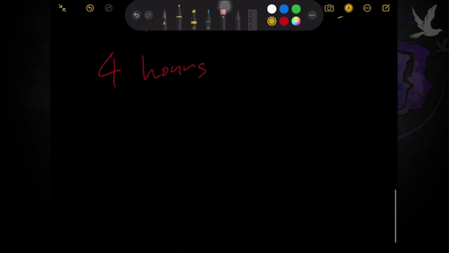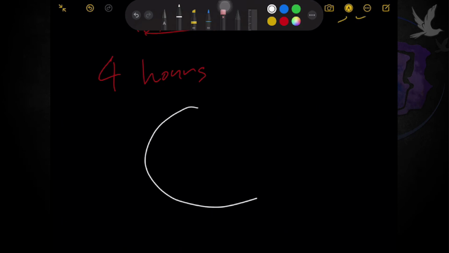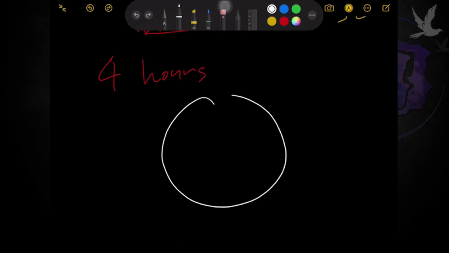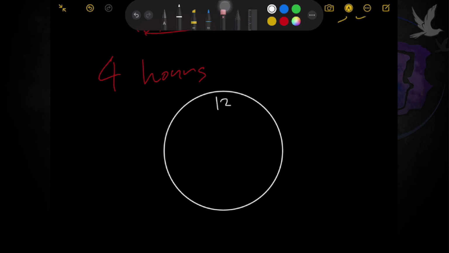So if for example, sa relo natin, if you have a clock with you, so knowing this is 12, 6, 3, 9, 1, 2, 3, 4, 5, may 3 na nga, 3, 4, 5 pa ulit. 4, 5, 6, 7, 8, 9, 10, 11.